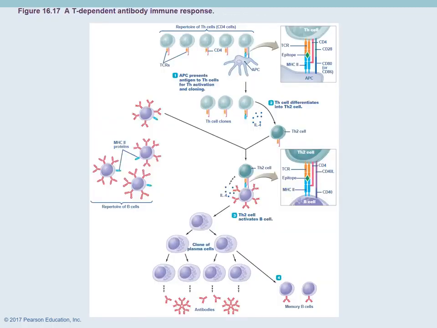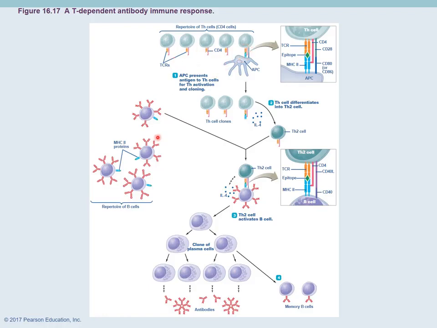The process that's going to happen here is that you have some of these helper T cells. They have the CD4 marker on them, so we sometimes refer to these as the CD4 cells. You have an antigen presenting cell that has engulfed a foreign substance. It presents the antigen on the surface.